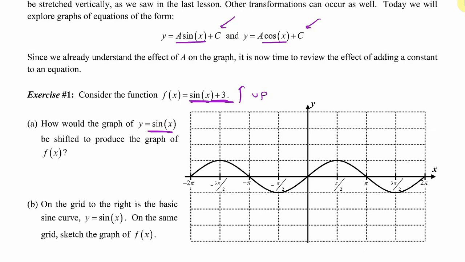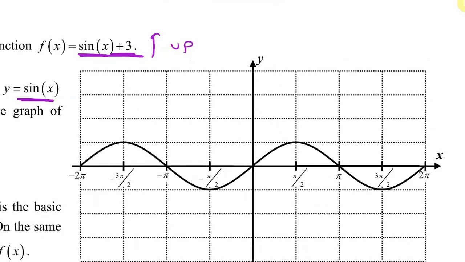So what was at 0, if I go up 3, is now up at 3. What was up at 1, if I add 3, is now up at 4. I'm literally taking each of these points and moving them up 3 steps. I'm taking the entire graph and moving it up 3 steps. And there we have the right-hand side.